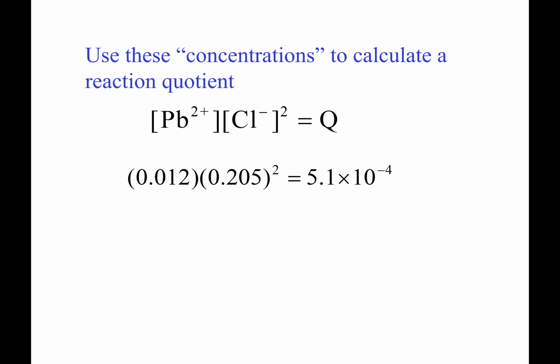So it looks like this. You have 0.012 raised to the first power, that's your lead 2, times 0.205 raised to the second power, that's your Cl minus. And we get 5.1 times 10 to the negative 4th.